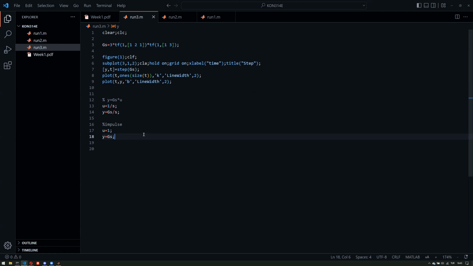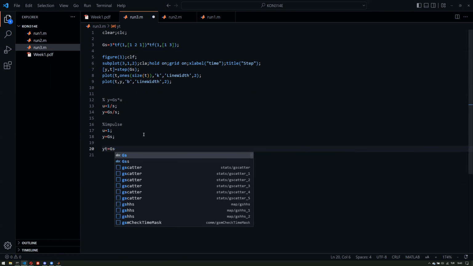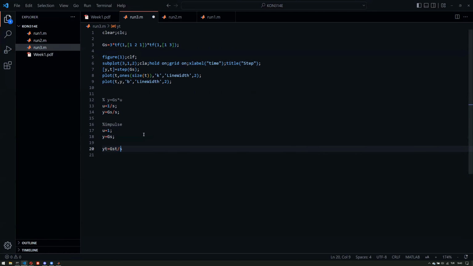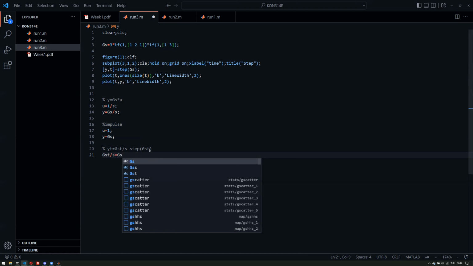So yeah, in order to do that, let's assume that y tilde is equal to G tilde of s divided by s, because this would be step G tilde. So I want to find out what this G tilde should be equal to if I want to get the impulse response. Now you can see that y tilde is equal to G tilde divided by s, but what it should be equal to is basically GS.